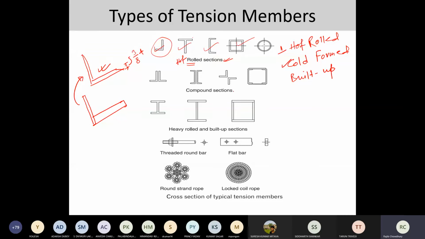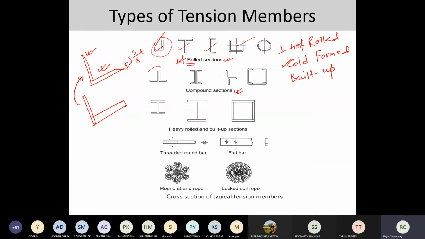There is a certain thing called a compound section. Compound section means, for example, one I section is not sufficient to take the amount of load which is subjected onto the structure. In that context, let's say I have some reservation that I have to use only the angle section.